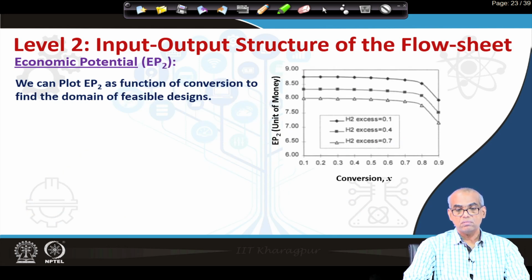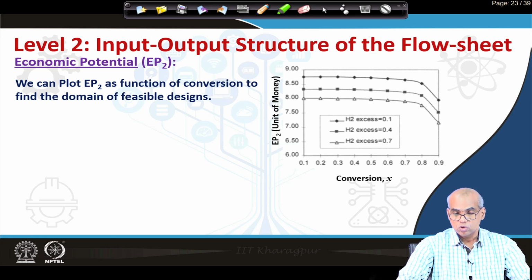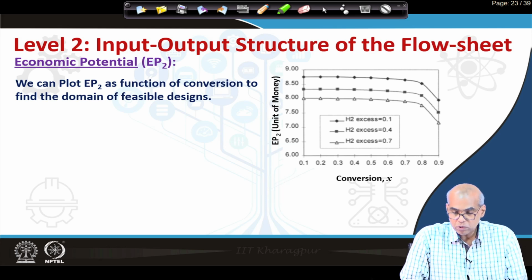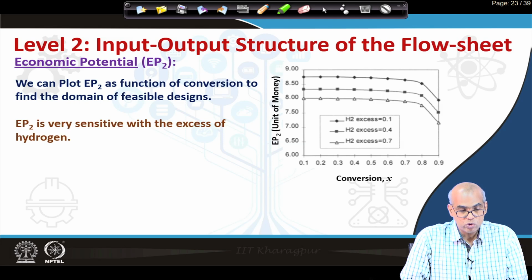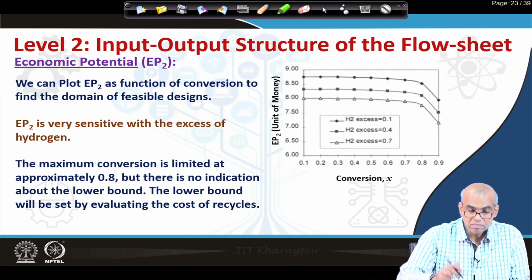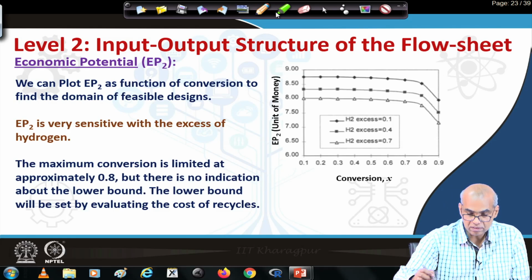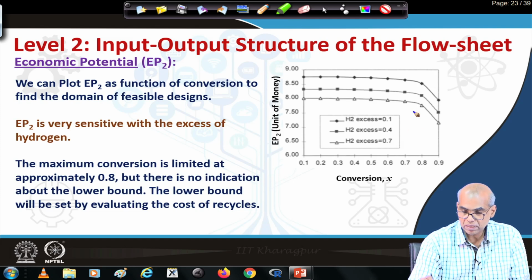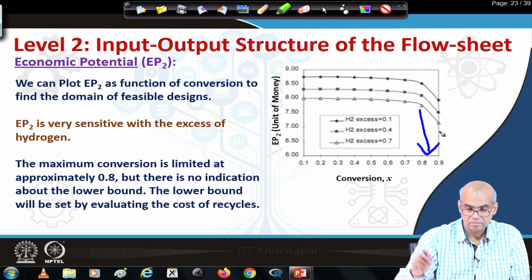We can plot the economic potential level 2, EP2, as a function of conversion to find the domain of feasible design. So, we have plotted EP2 versus conversion for various values of excess hydrogen 0.1, 0.4 and 0.7. What we see is that EP2 is very sensitive to excess hydrogen. The maximum conversion is limited at approximately 0.8.